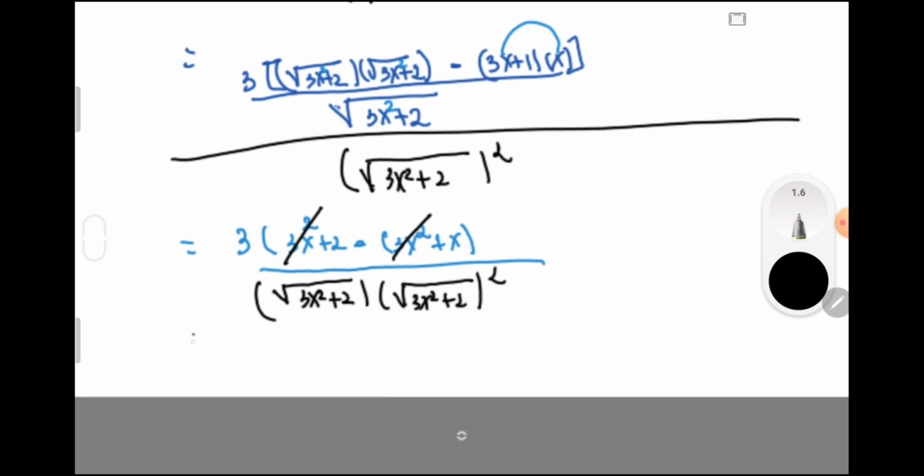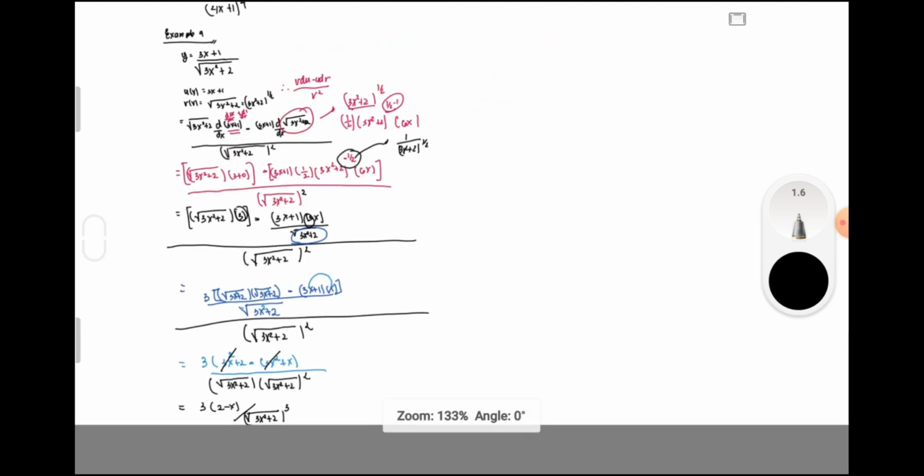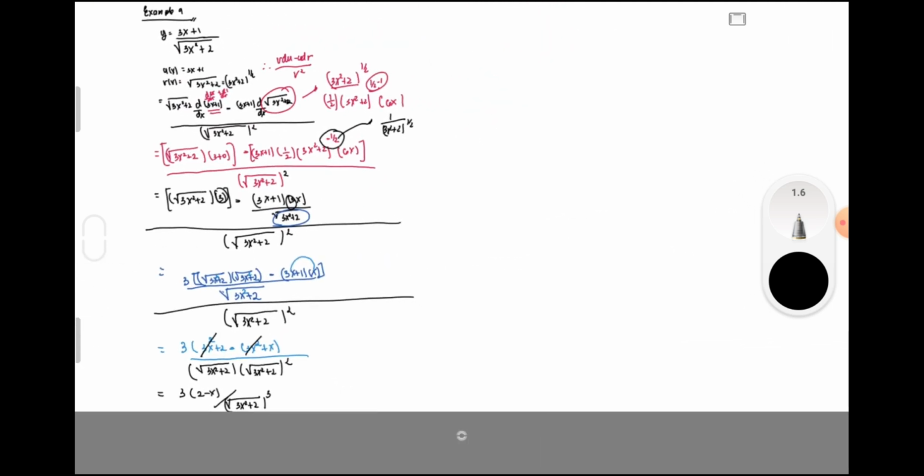So we'll have a value equal to 3 multiplied by 2 minus x divided by square root of 3x squared plus 2 raised to 3. Okay. So that would be our answer. That is for our quotient rule.